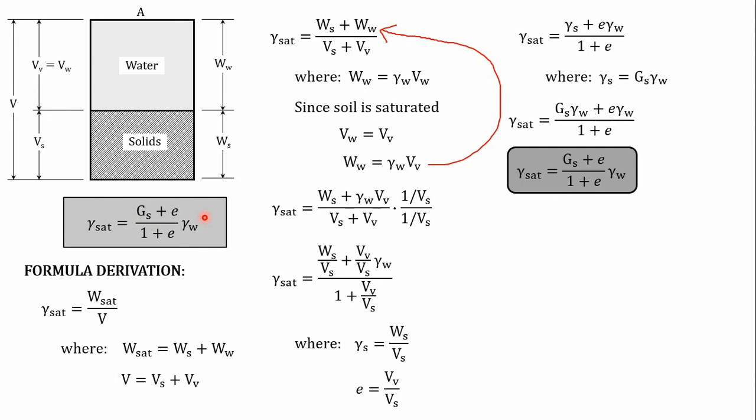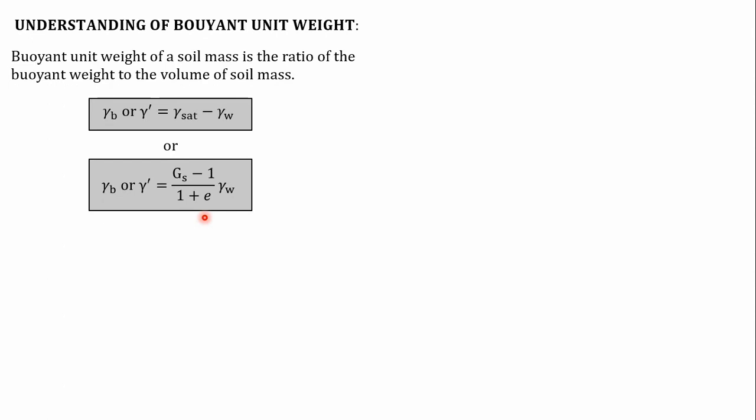How about if the soil is submerged? Let's discuss the understanding of buoyant unit weight. What is the buoyant unit weight of a soil mass? The buoyant unit weight of a soil mass is the ratio of the buoyant weight to the volume of the soil mass.